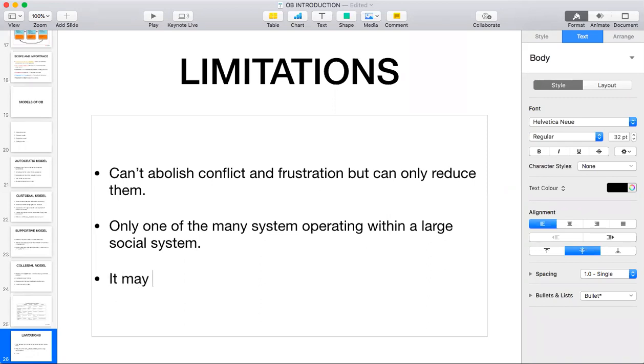The third point, it may generate a narrow viewpoint as well. It is also called tunnel vision.